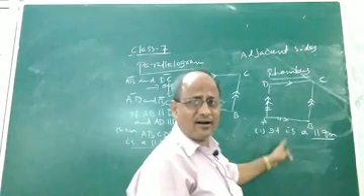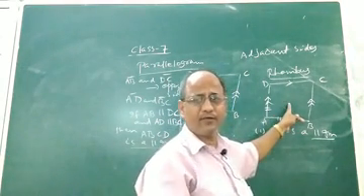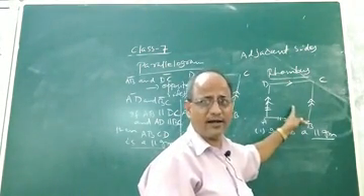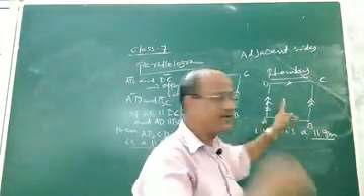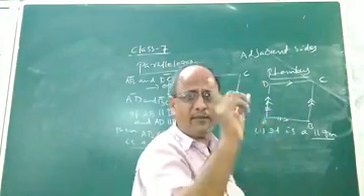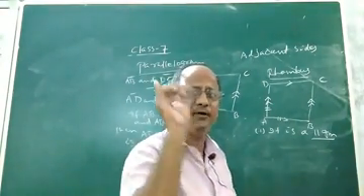So in order that this quadrilateral will become a rhombus, the first condition is that it should be a parallelogram. And what is the second condition? Any one pair of the four pairs of adjacent sides must be equal.